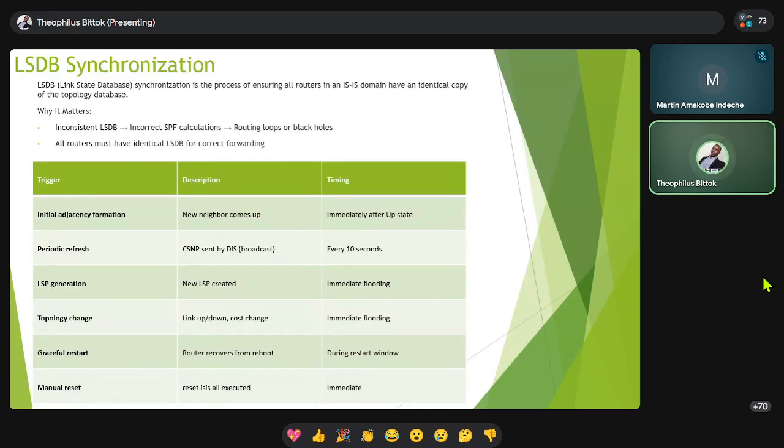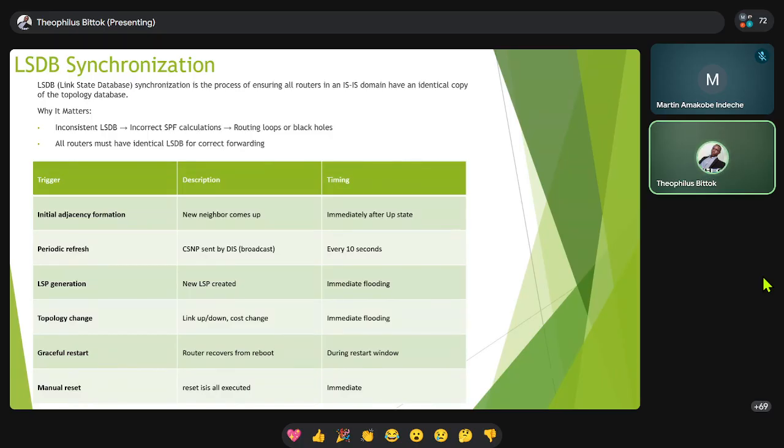So I'm going to send an updated LSP telling them, okay, maybe my preferred route to reach Nairobi is this and this, because maybe the other one has gone down. For that one now, it's going to trigger the recalculation of the paths.